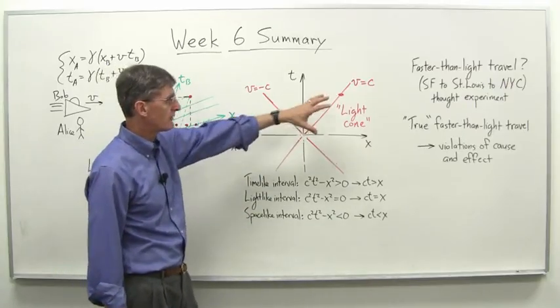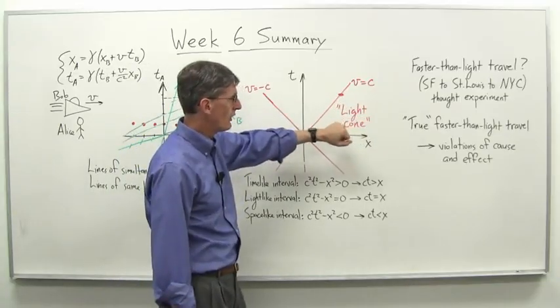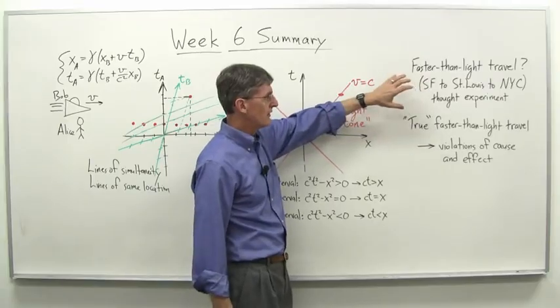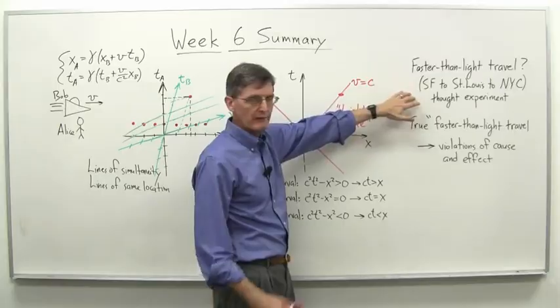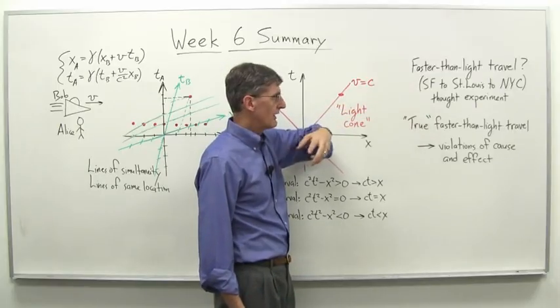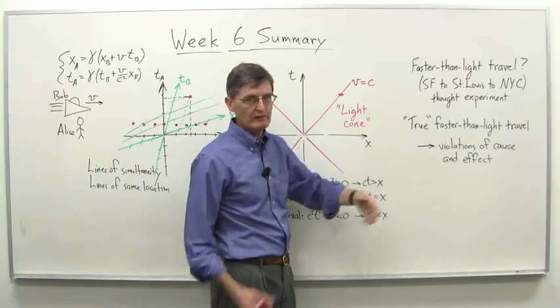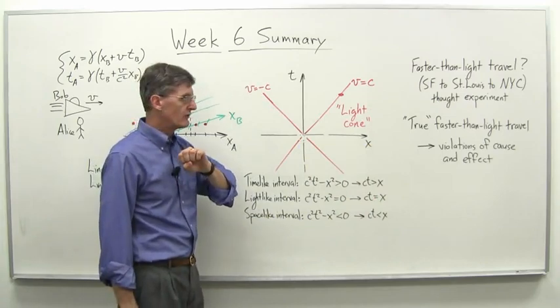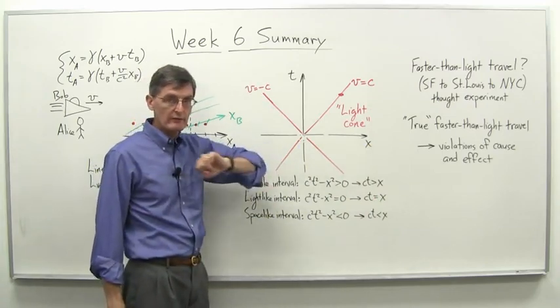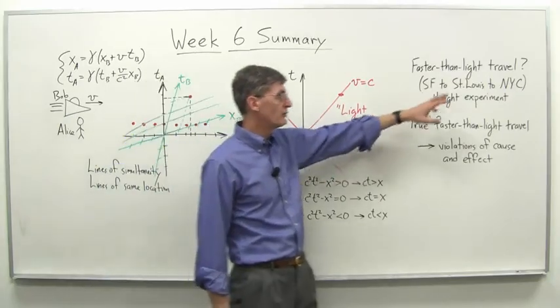And then we considered a couple of examples at the end where we had a question of, is faster than light travel possible? We did it in a thought experiment, as it were, of a spaceship traveling from San Francisco to St. Louis to New York City and shooting off some flashes along the way. The images would continue on in front of them to an observer in New York City.